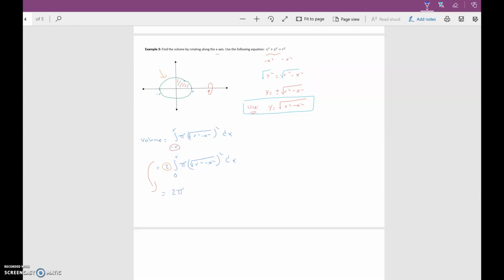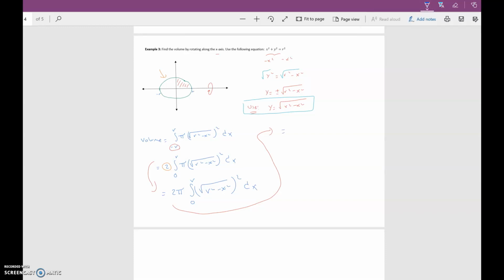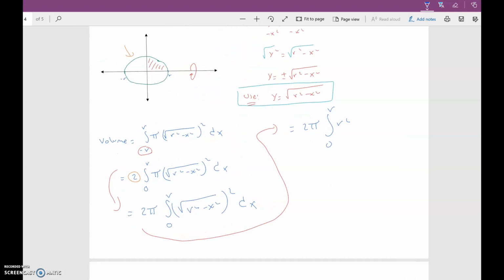So we're going to have 2 pi times the integral from 0 to r of the square root of r squared minus x squared, quantity squared, dx. For this one, we're looking at simply 2 pi times the integral from 0 to r of r squared minus x squared dx.